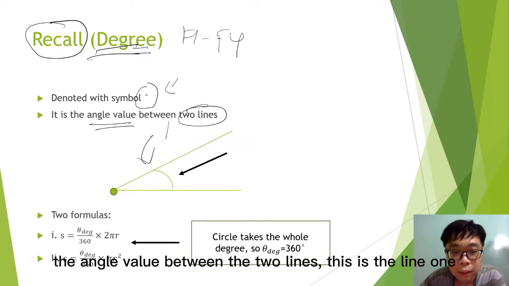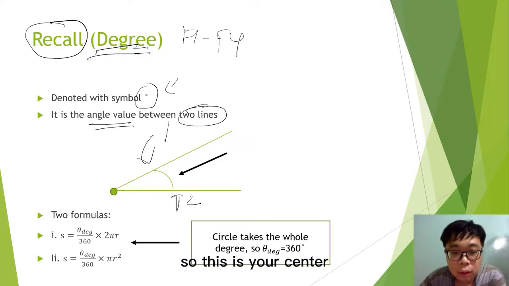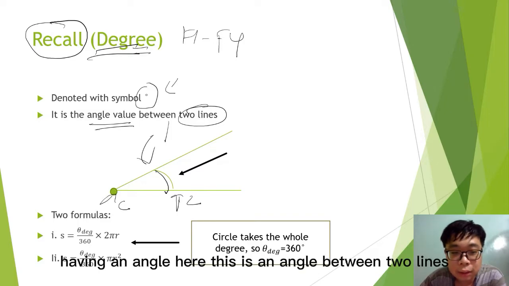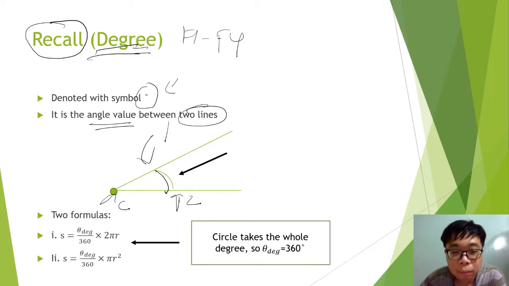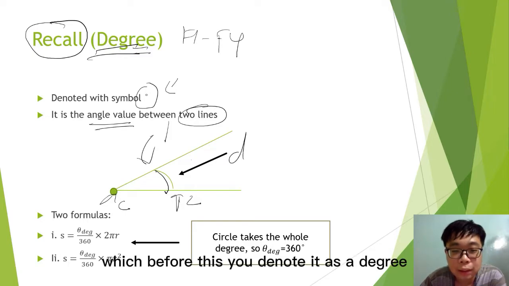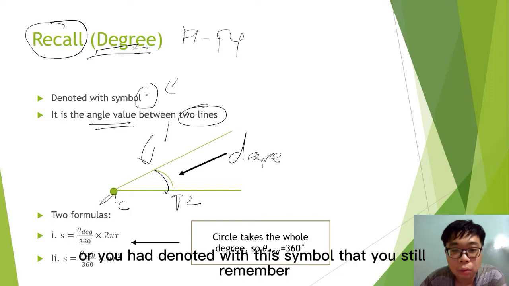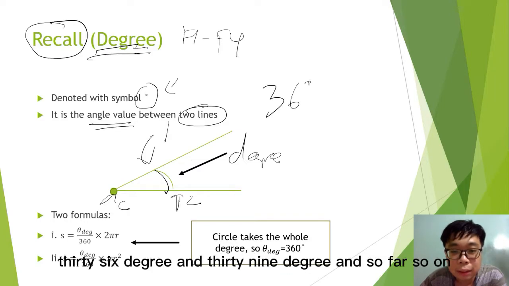This is line 1 and this is line 2, this is your center, and you have an angle here. You denoted it with this symbol, for example 36 degrees, 39 degrees and so on.